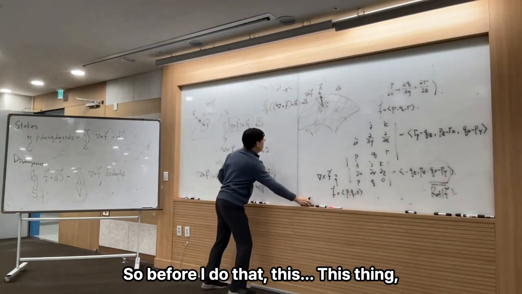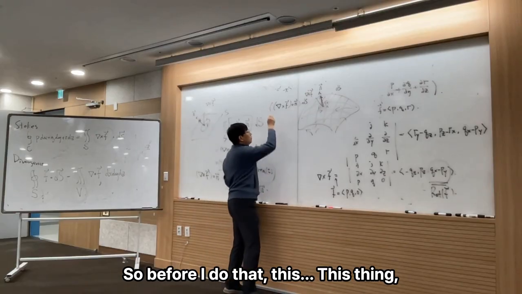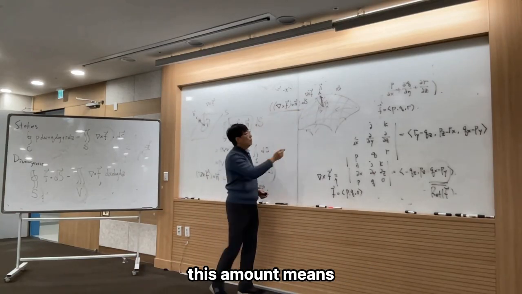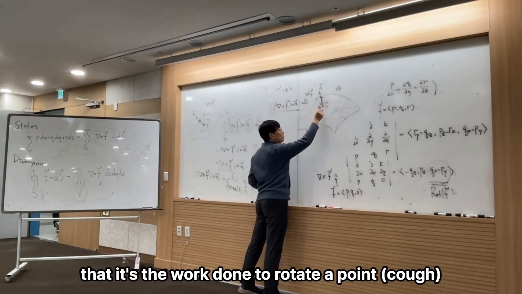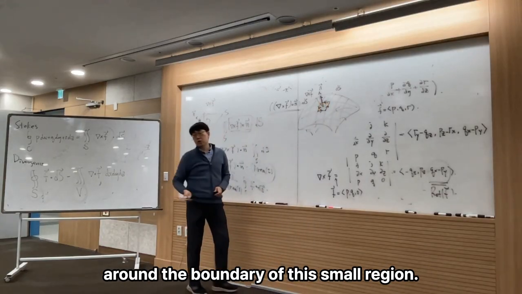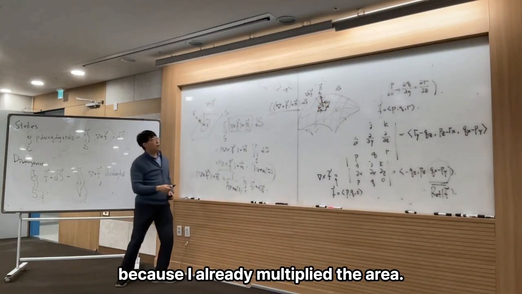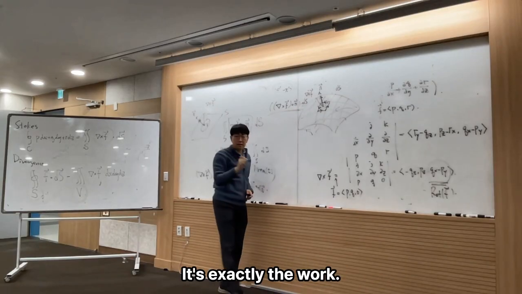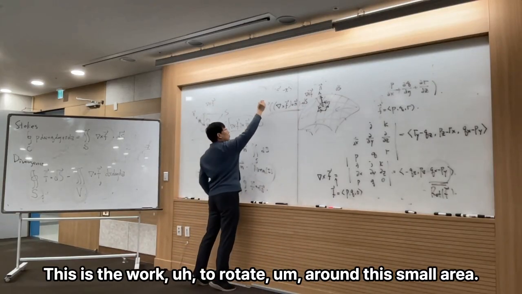Before I do that, this amount is the work done to rotate around the boundary of this small region. Not per area, because I already multiplied by the area. It's exactly the work.